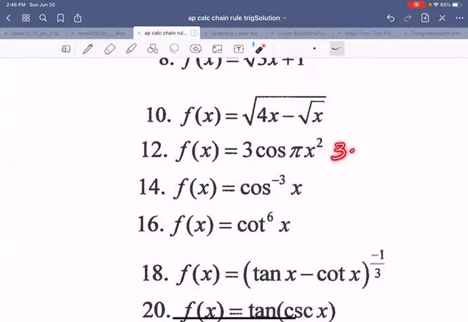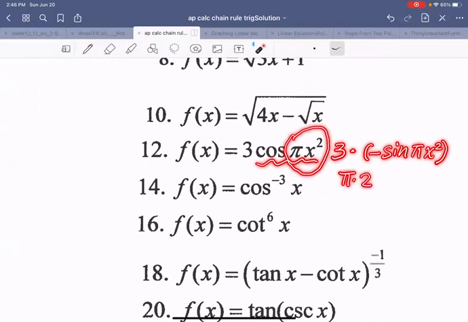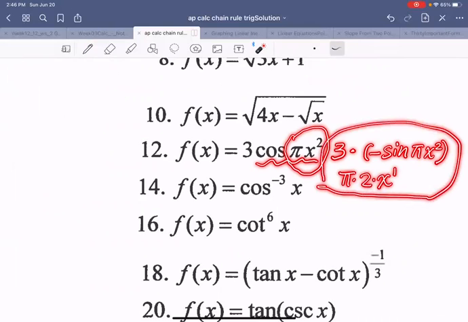You do 3 times the derivative of cosine, which means negative sine of pi x squared. And then you do the derivative of the inside, which is pi times 2 times x to the power 2 minus 1, which is 1. That's the answer. Now you have the video, so you can see every question and all the hard question details. So that is easy.